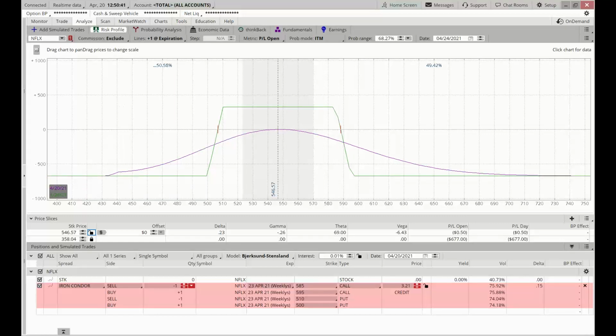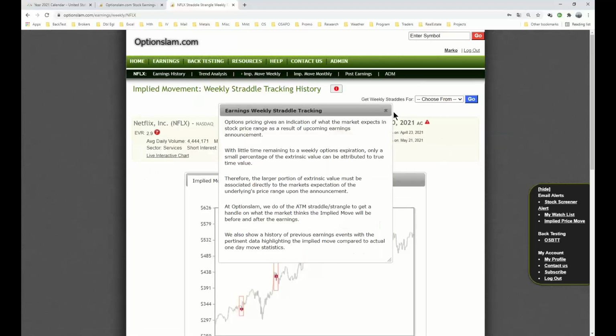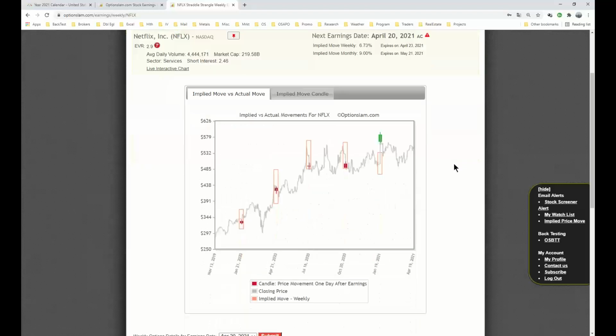Now, another thing you can do over at optionslam.com is take a look at what happened in the past. You can go to the Implied Move Weekly page and see how this stock behaved in past events. And so this graph, I love graphics. I'm a graphics kind of person. I love data tables and Excel workbooks as well.